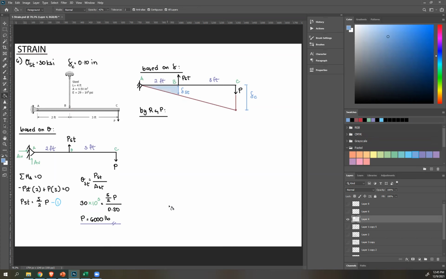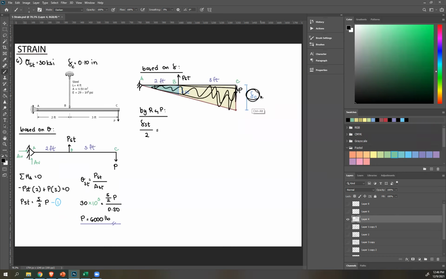So considering this green right triangle, side over side, let's take height over base. So that's height, which is your deformation in steel, over base, which is 2, equals the height over base of this larger triangle, okay?